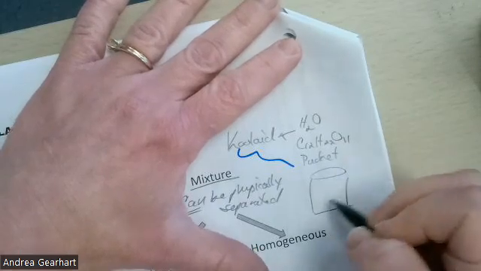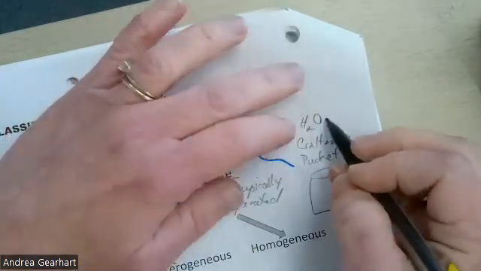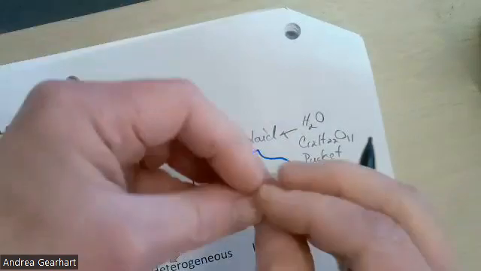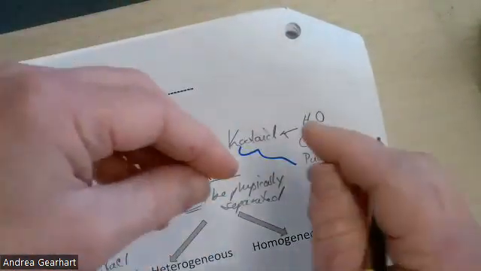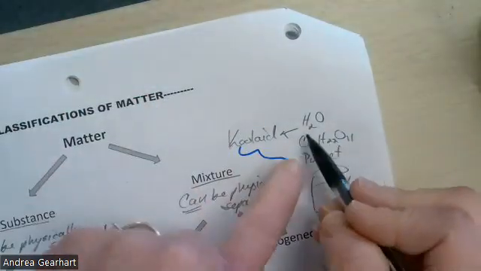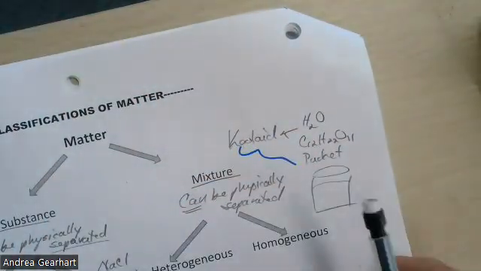The dye remains the dye. They all contribute their individual properties to make Kool-Aid what it is. Even though they're together, they retain their own personal characteristics.